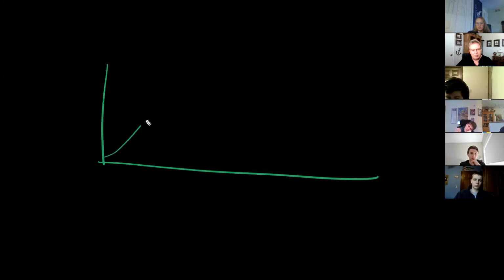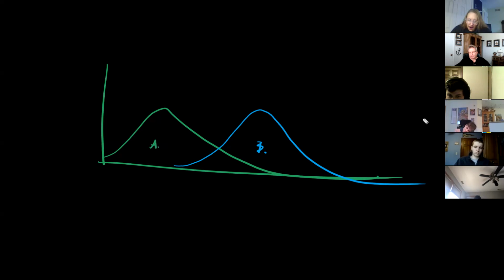Now, this is Wien's, here's Planck's black body curve. Let me draw another one. So this is black body B. This is black body A. Do you agree that lambda max of A is like that? Lambda max of B is like this.